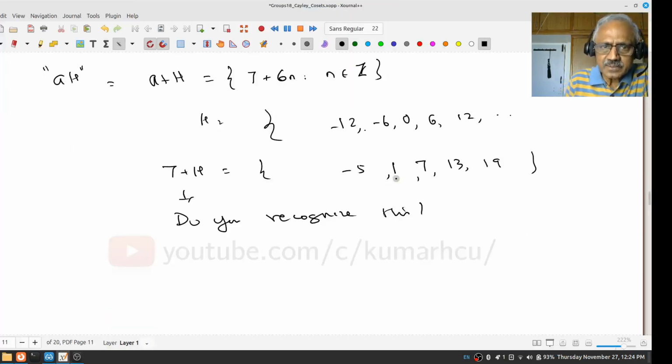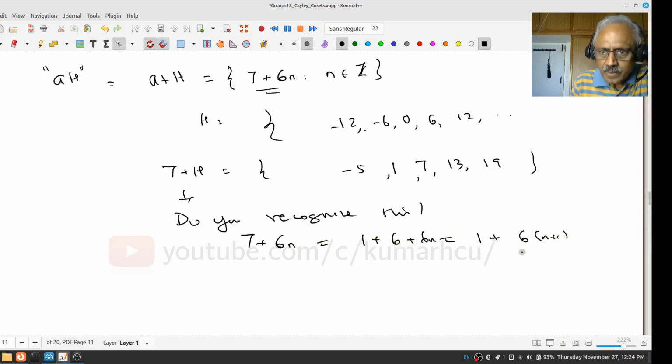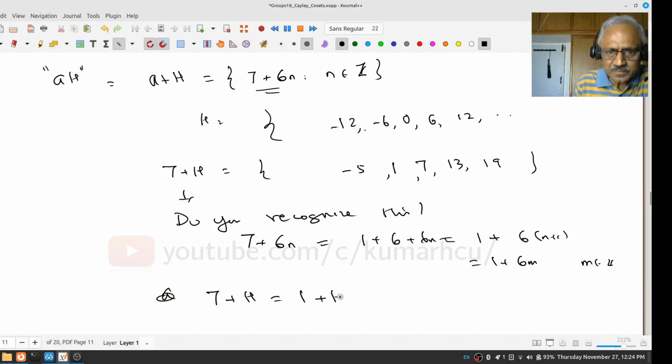Notice that, suppose you start with any element 7 plus 6n, I can actually write it as 1 plus 6 plus 6n, therefore it is actually 1 plus 6 times n plus 1. That is 1 plus some 6 times m, some integer, I don't care. Any element here can be written as this. Therefore, A plus H, that is 7 plus H, is the same as 1 plus H. Look at all these elements.